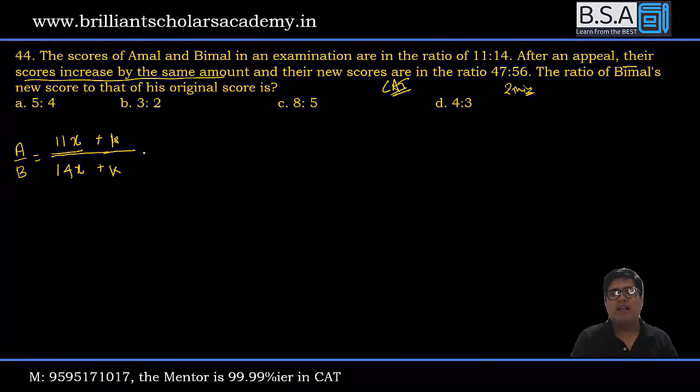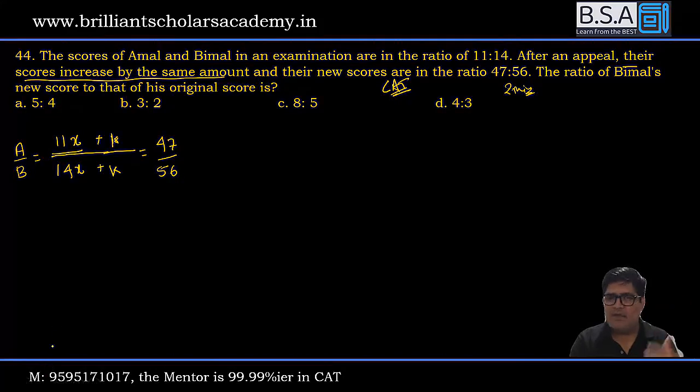Now what is the ratio? The ratio is 47 by 56. Now if you ask any person to solve this, they will start cross multiplying, which is not wrong, but you have better methods.